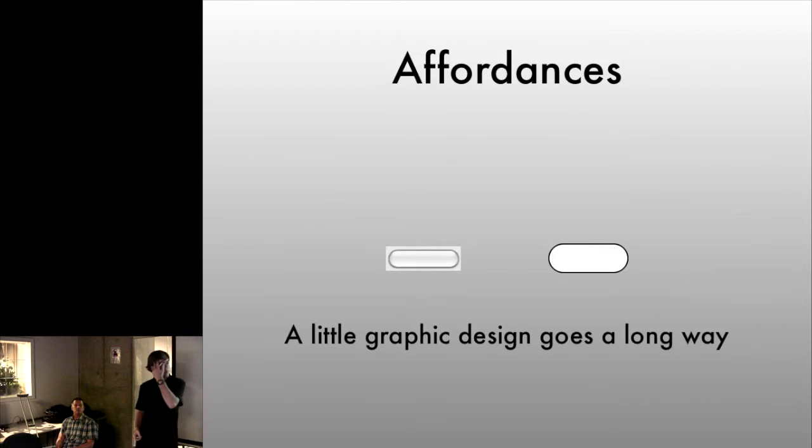The interesting thing about affordances, at least in graphical displays, is that graphic design goes a long way. These are pretty much the same shape, but is it obvious that that's a button? Not really, right? But this is very obvious that this is a button. This is actually sort of outdated. This is a lickable 10.5 pre-Lion button.